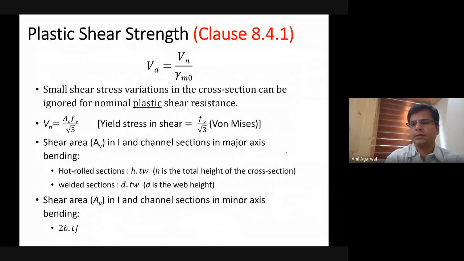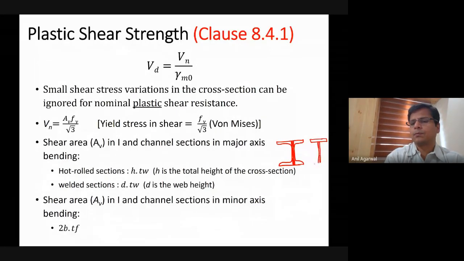So let me explain. If it's a hot rolled section, like this one, then we take this cross section area. Okay, and if it is a welded section, then we only take this area as the shear area of the cross section.